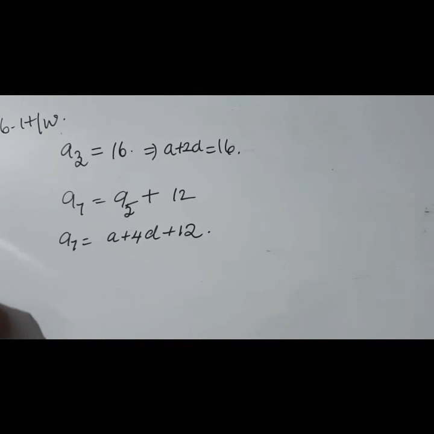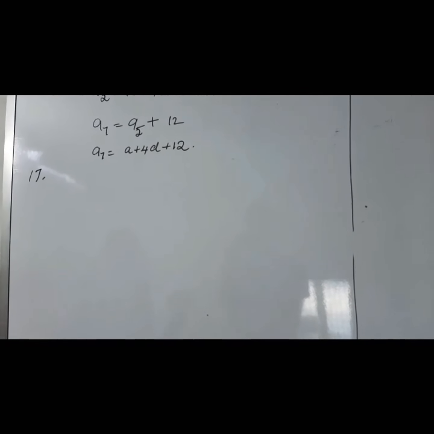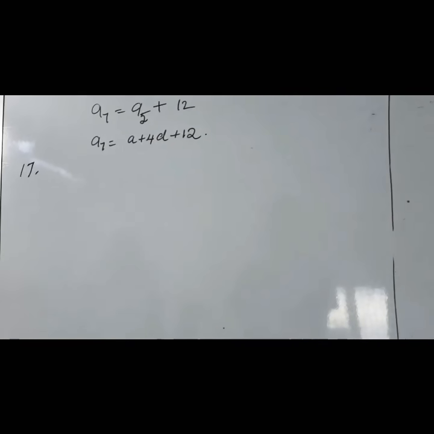Now question number 17. In question number 17, we are going to learn one more new formula in AP. Read the question. Find the 20th term from the last term of the AP. What do you want to find out? You want to find out the 20th term from the last term. Till now we had found the 11th term, 29th term, 30th term from the beginning. Now here they ask you to find it from the last.